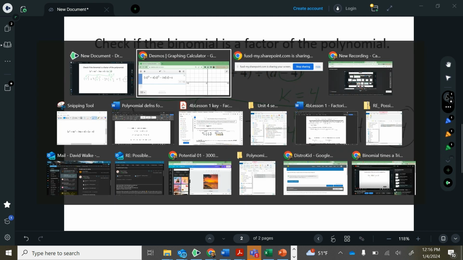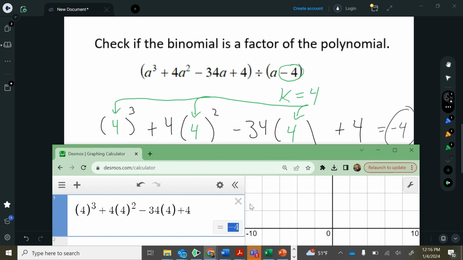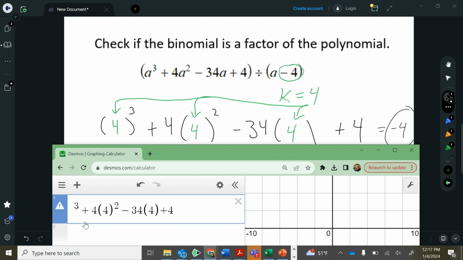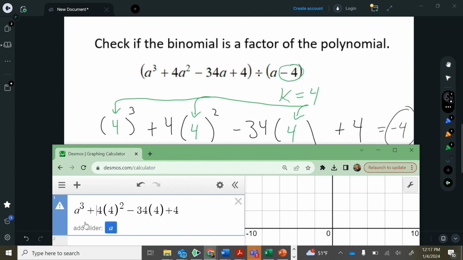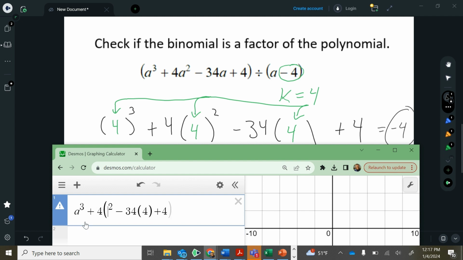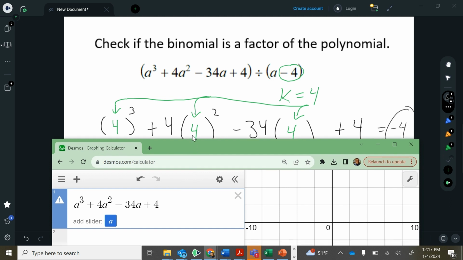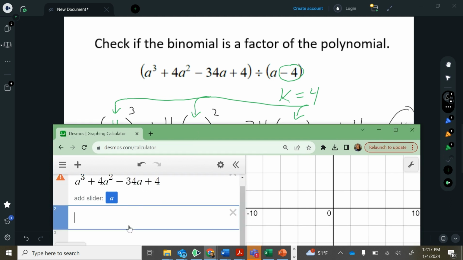Let me also show you another way, just in case you want to do it this way. On Desmos, you could type it in like this. Just actually write these all out with an a. Okay, if we do that, and then on the next line in Desmos, what number are we plugging in for a?